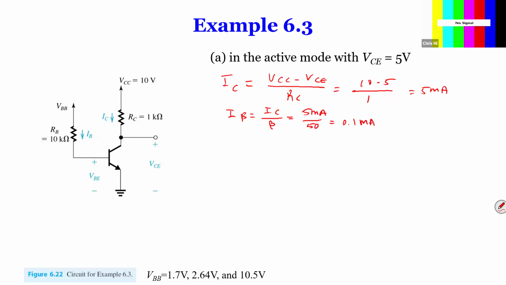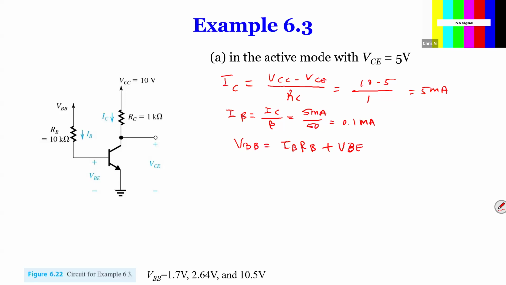So IB is given. Now, VBB is what? It is IB times RB plus VBE, right? So that's a simple loop analysis.